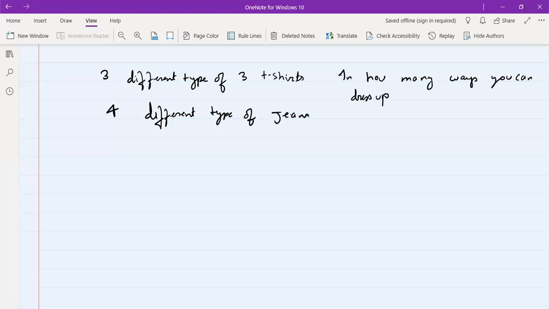So you can choose one t-shirt and one jeans. In how many ways can you choose a t-shirt? 3 ways. And you have to choose jeans. You have to choose jeans and t-shirt, right?